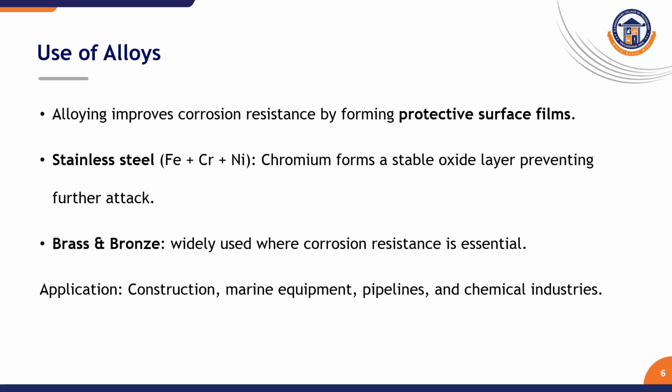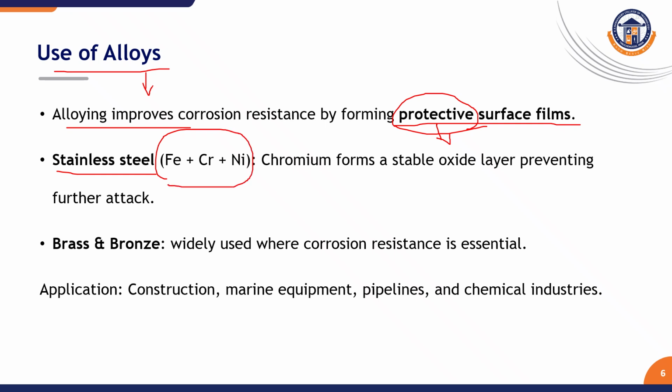Otherwise, we can use alloys. What is an alloy? A mixture of metals. Alloying improves corrosion resistance by forming a protective surface film. From the name, we can identify that it protects and prevents corrosion. For example, stainless steel. What is stainless steel? It is an alloy with a composition of iron, chromium and nickel.